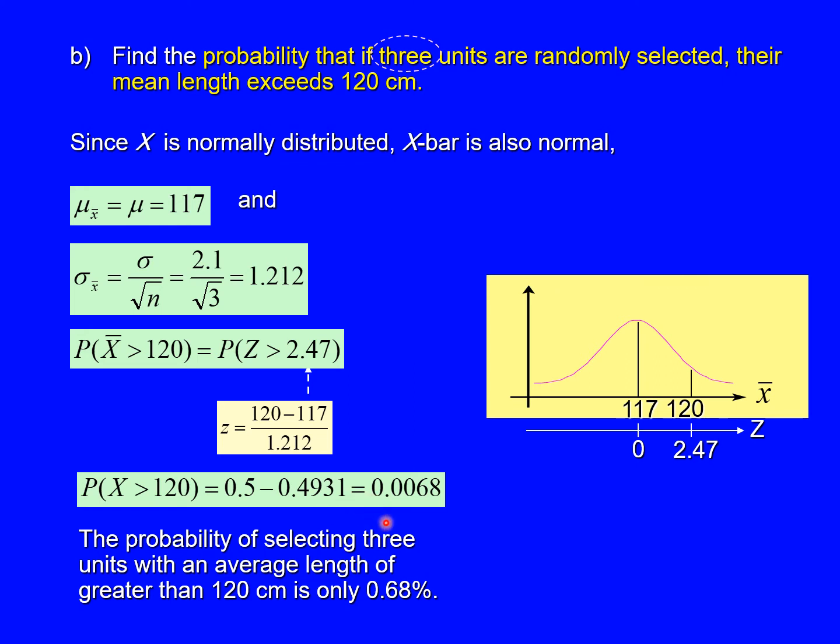So the result is 0.0068, which is 0.68%. Right? That's the solution of the whole question.